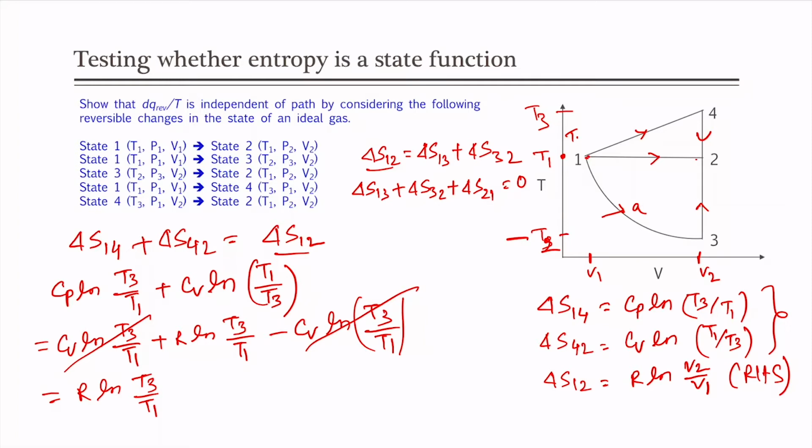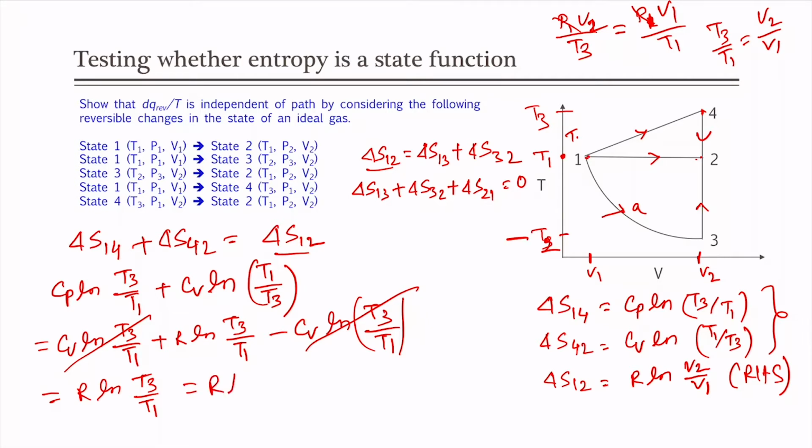Okay. But we know that T3 by T1 has a relation with V1 and V2, right. For 4 and 1 pressure is constant. So, 4 has P1 V2 by T3 equal to P1 V1 by T1. Now, P1 cancels, giving us T3 by T1 is equal to V2 by V1.